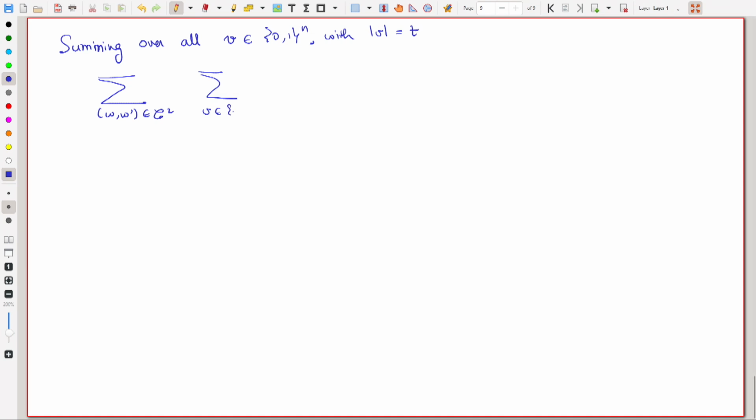So, summing over v in {0,1}^n with Hamming weight equal to t, we get the summation over w, w' in C squared of minus 1 raised to (w plus w') transpose v. This is greater than or equal to 0.